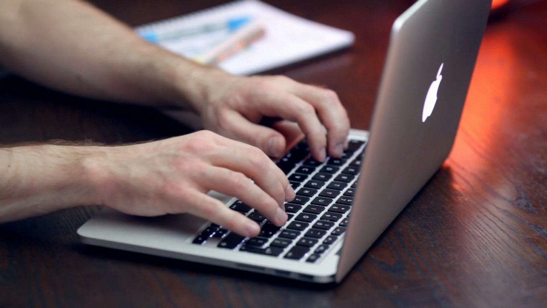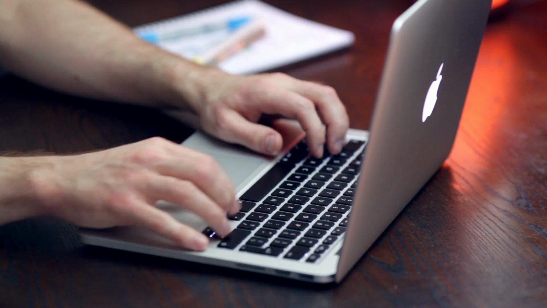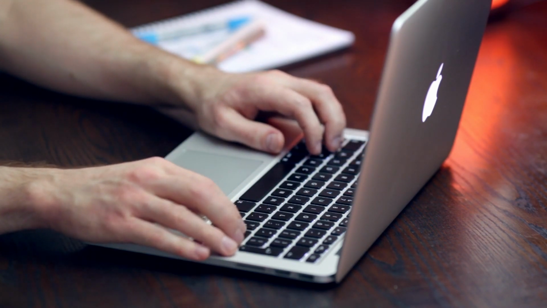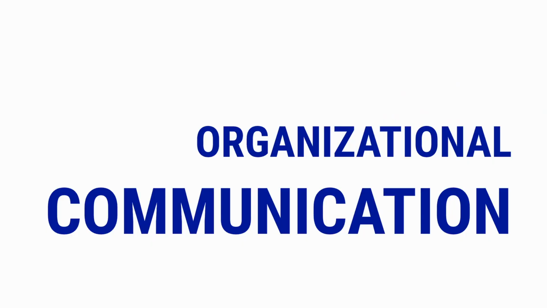But to some degree, efficient, effective, and timely communication is going to be outstandingly important regardless of the industry. Therefore, we have to understand what are the key elements in the communication process.